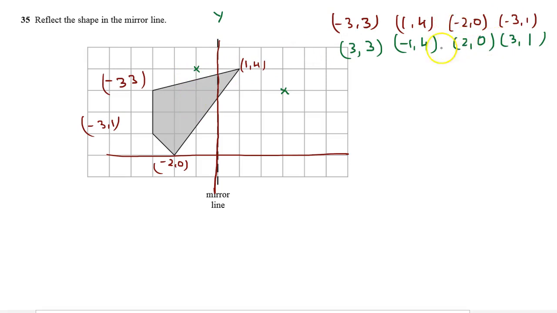Then we have 2 and 0. 1, 2. 2 and 0. Then 3 and 1. 1, 2, 3 and 1. So now let me join this.